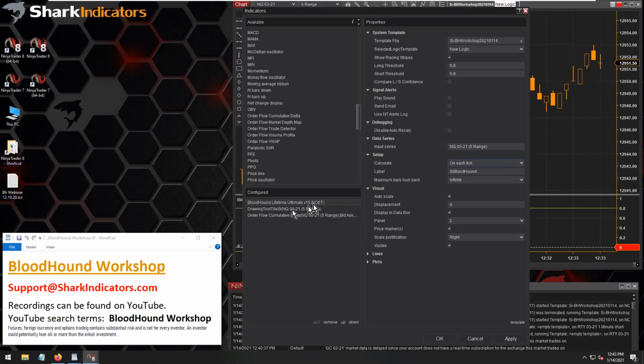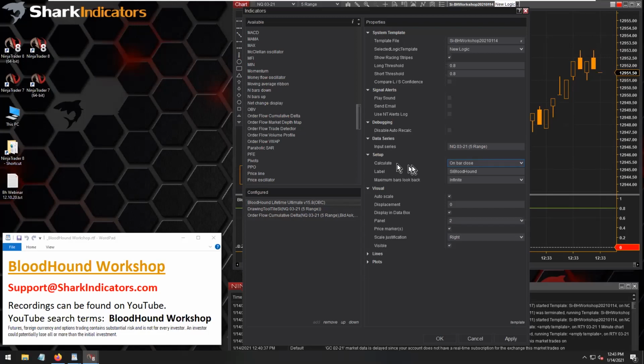Otherwise, your order flow indicator is not going to function correctly. What NinjaTrader does is if BloodHound is set to on bar close, then NinjaTrader forces the order flow indicator to also calculate on bar close. So NinjaTrader doesn't allow things to be mixed and matched.